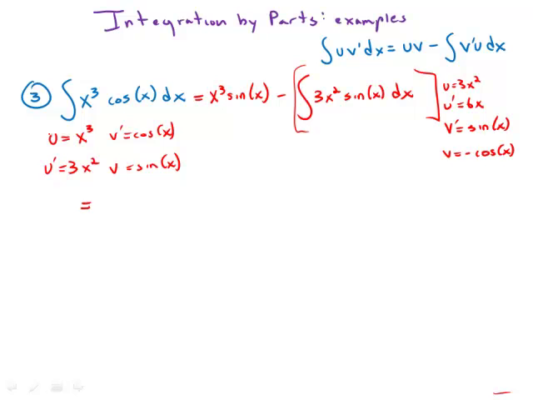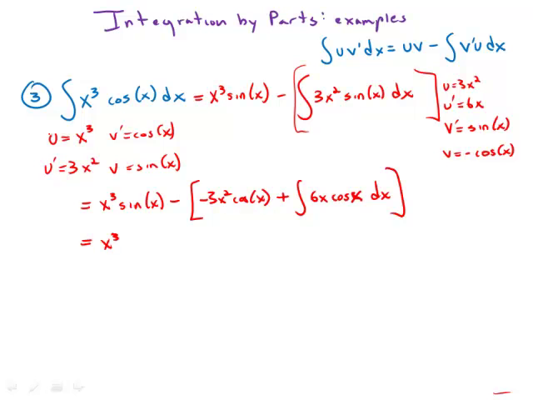And so what we get then is x cubed sine x, the first term, minus, and then within the parentheses, we get u times v, so that is negative 3x squared cosine x, and then minus, but because of the minus in the integrand, we'll get a plus here, plus 6x cosine x dx.